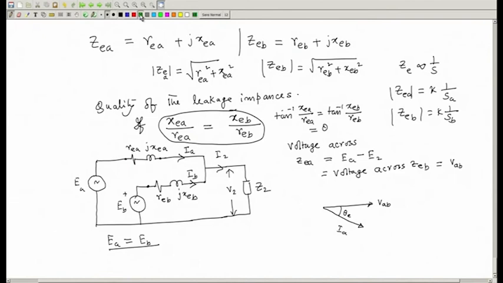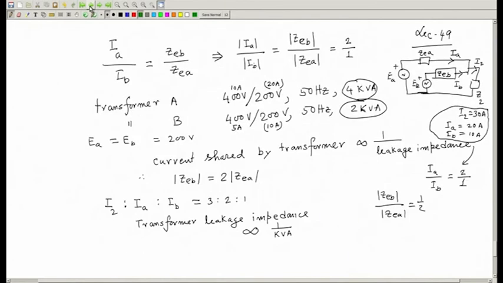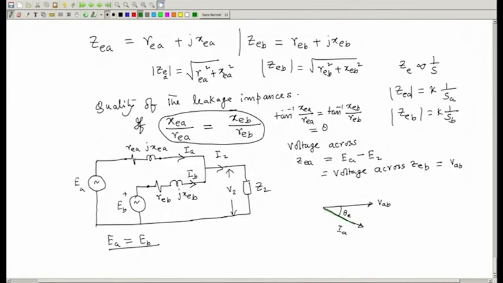Therefore, your IB will be, which transformer did I take more? This is 2 kVA, so its current will be less.